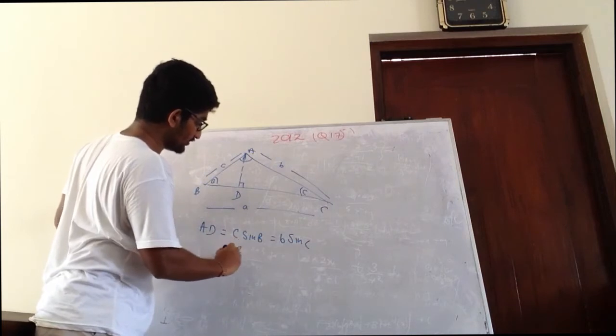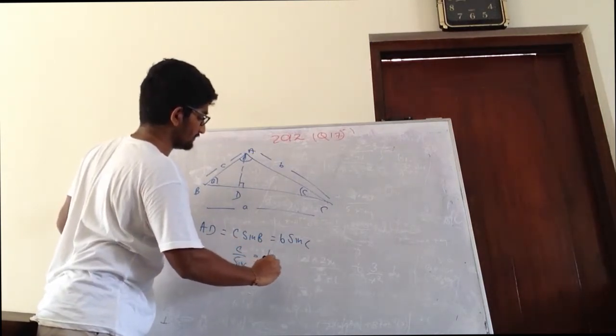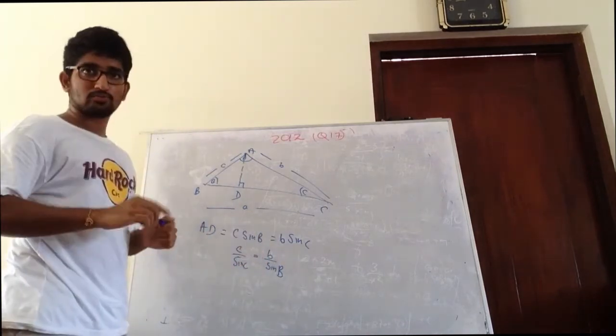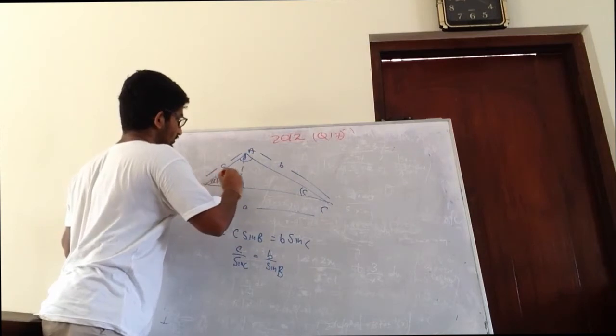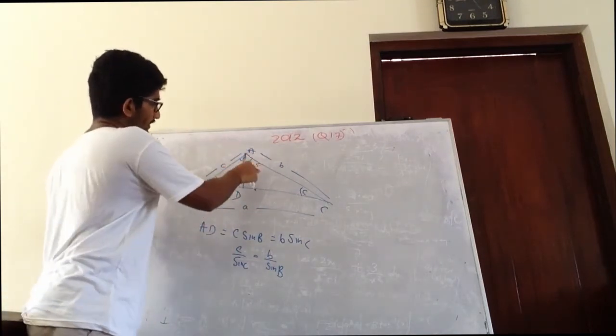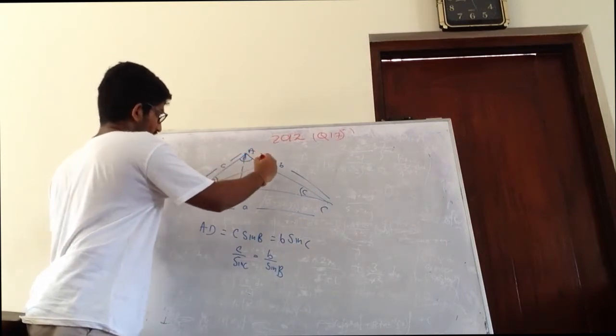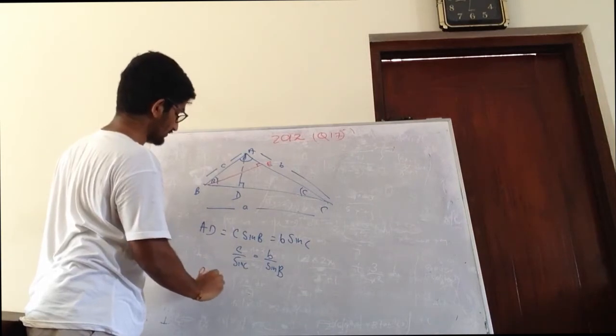So that means C over sin C is equal to B over sin B. Correct, no? Then again you can draw a normal here. If you draw a normal here, then let's take this as E. So BE is what?